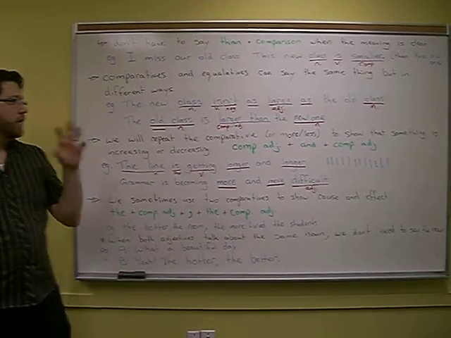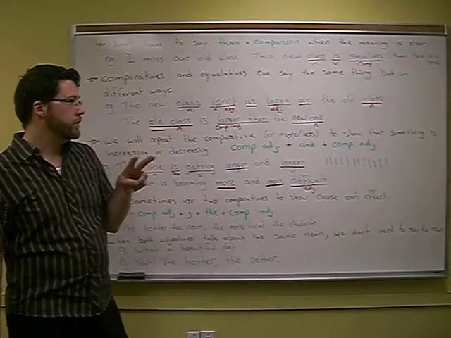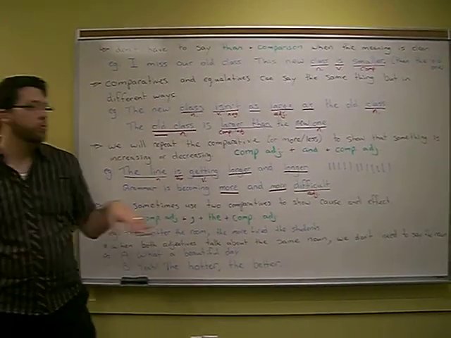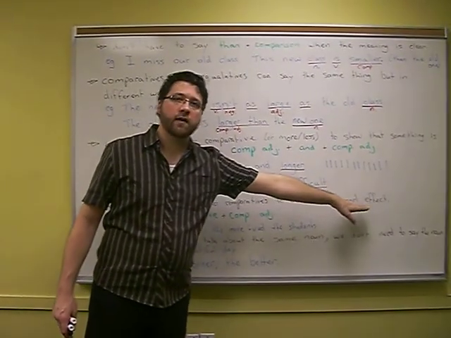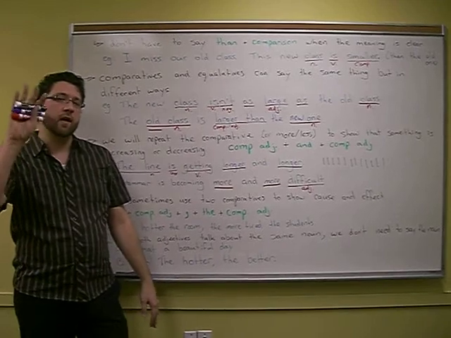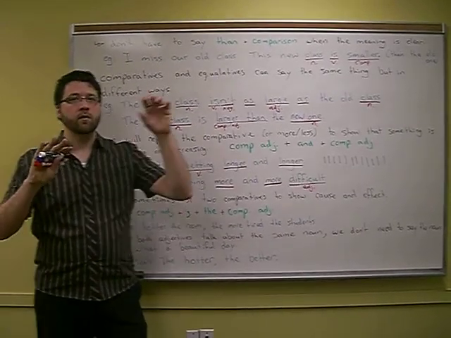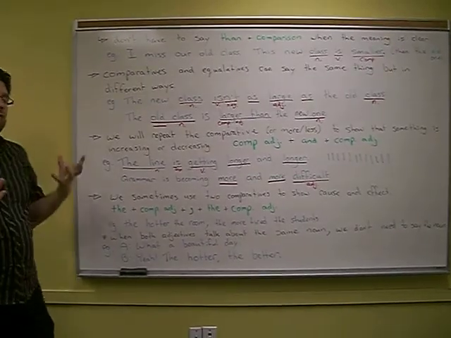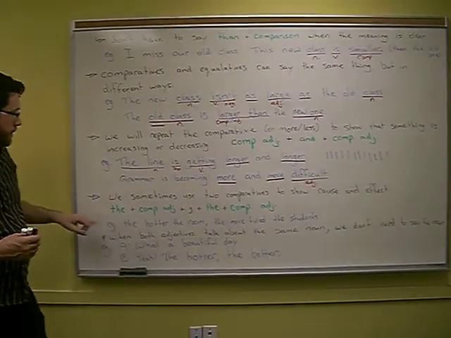Okay. We can also use 2 comparatives, but this time we're showing cause and effect. When one thing happens, something else happens. The form that we use here is a little bit different.